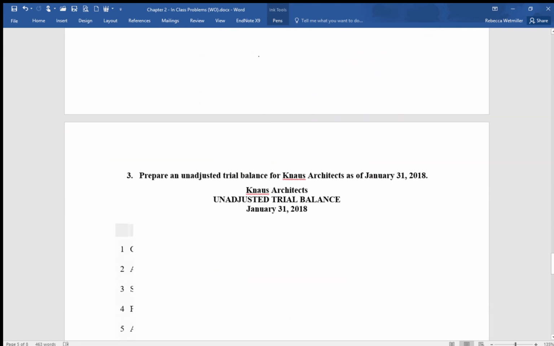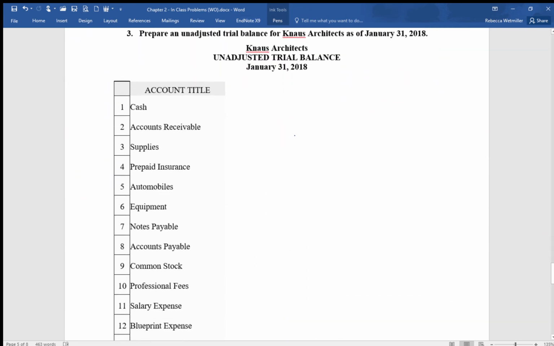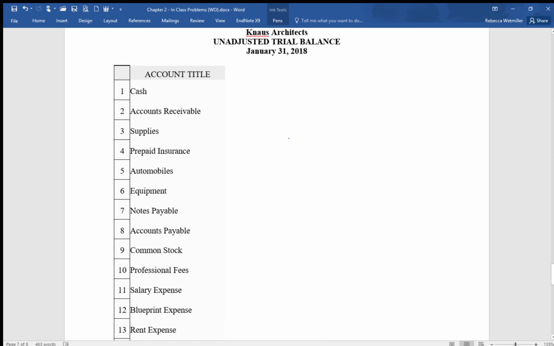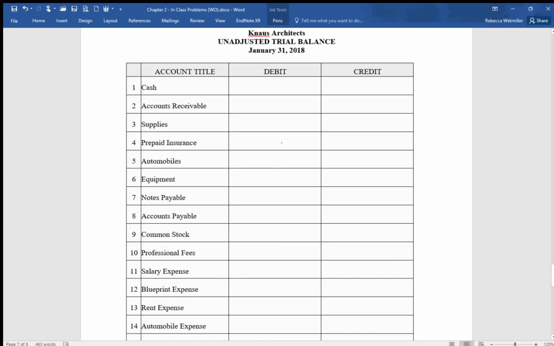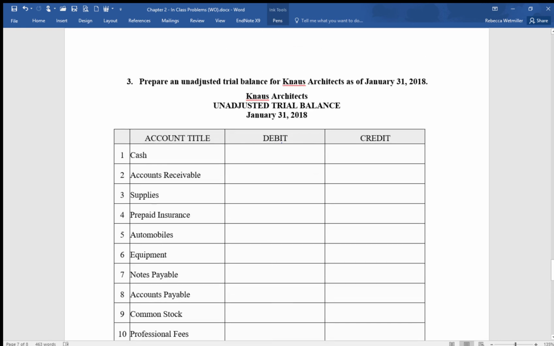Okay, so if we move on to the next part, we want to prepare an unadjusted trial balance for the architect company as of January 31st, 2018. To do this, all that you need to do is take all of your balances from your T-charts that we just did. Nothing else. So we're just pretty much copying and pasting here.